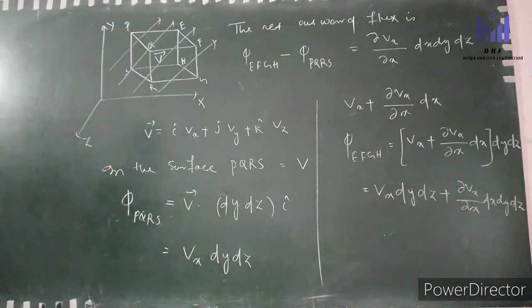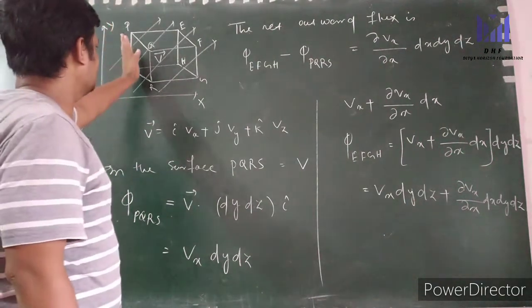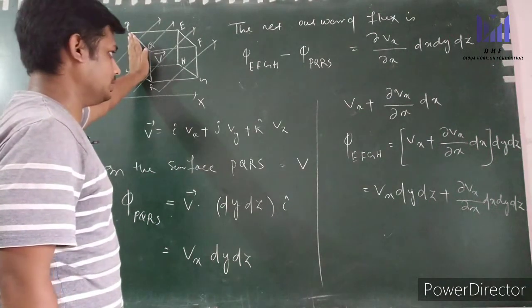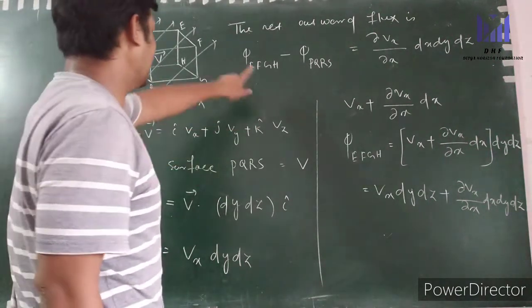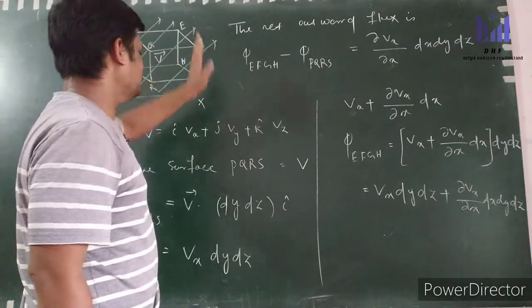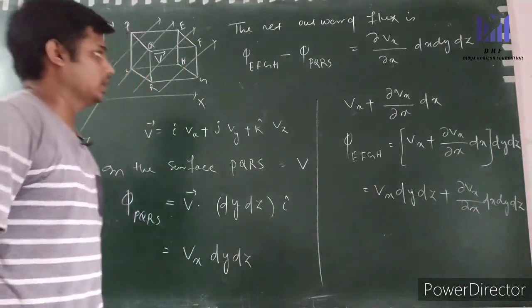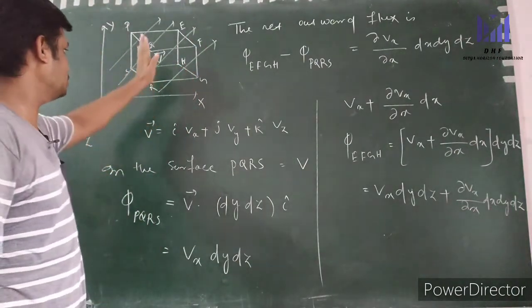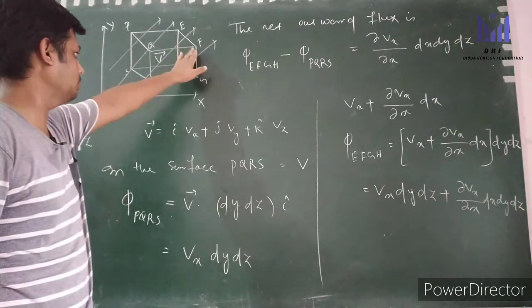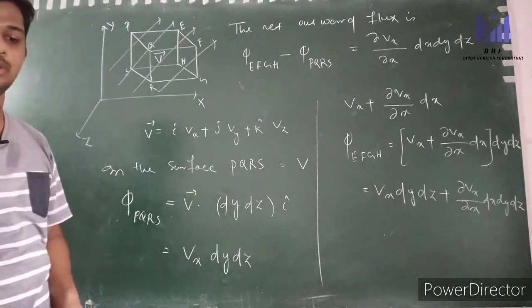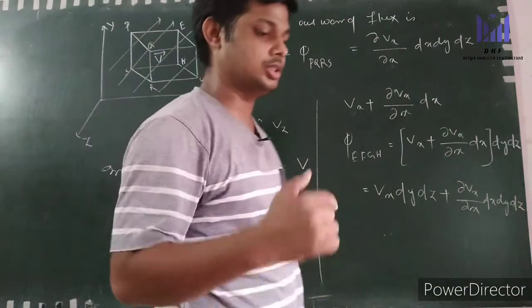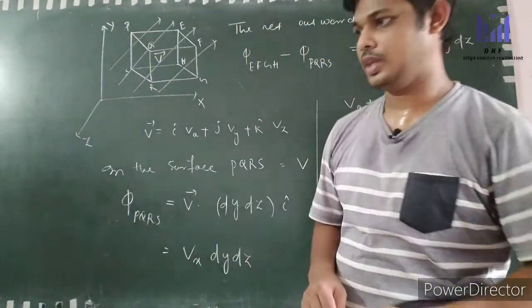How did we calculate it? First we calculated the flux associated with this surface, and then the flux associated with the other surface. If we subtract the flux of one surface from the other, we get the net outward flux in the x direction.